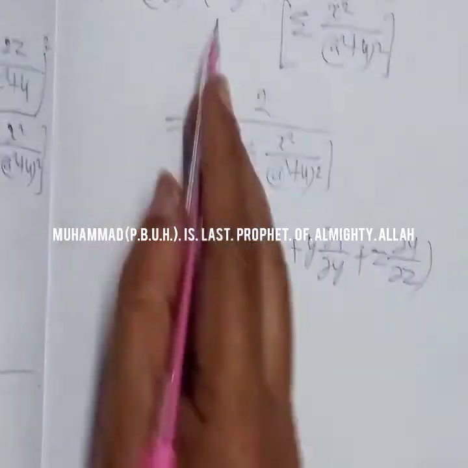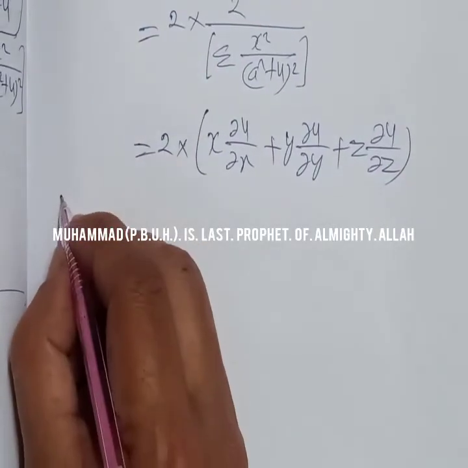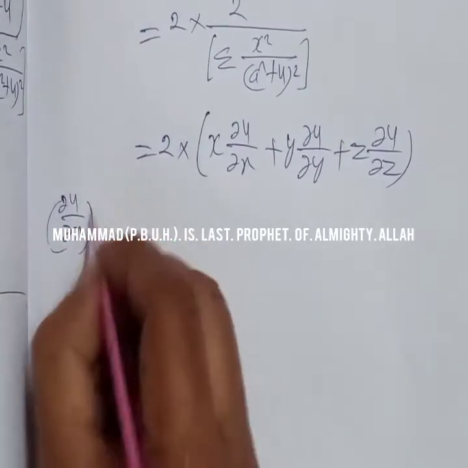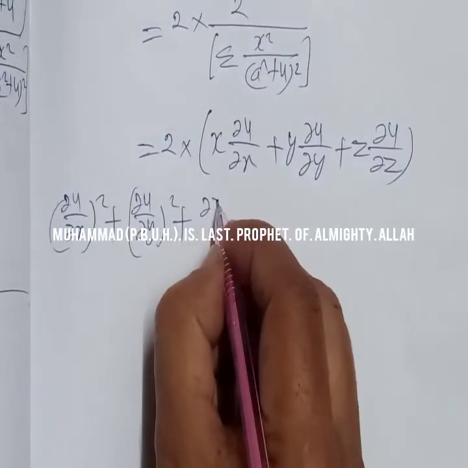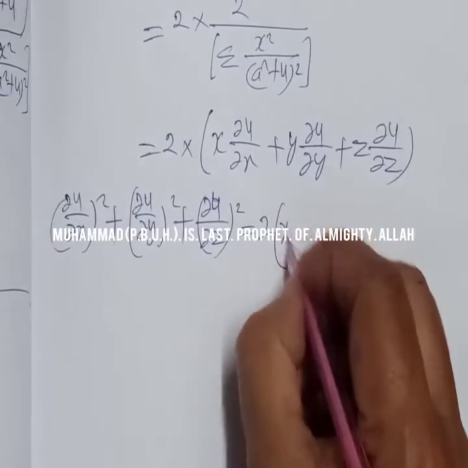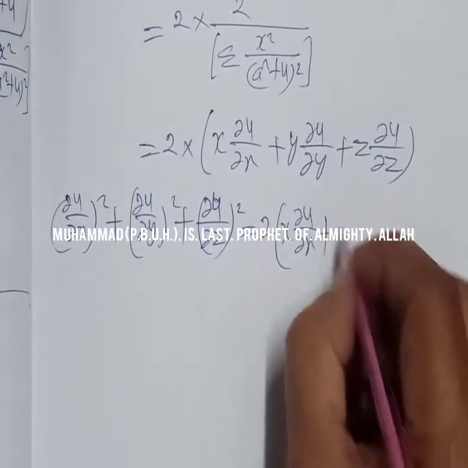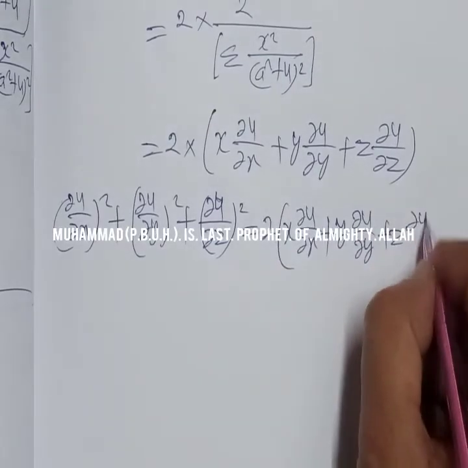So now we have proved del u over del x whole of square plus del u over del y whole of square plus del u over del z whole of square is equal to 2 times x del u over del x plus y del u over del y plus z del u over del z.